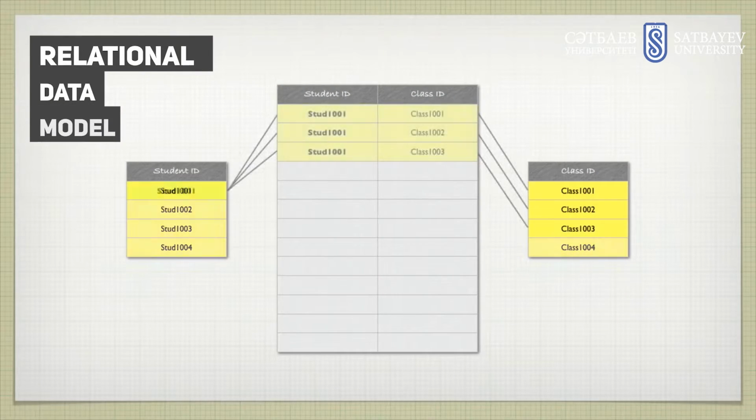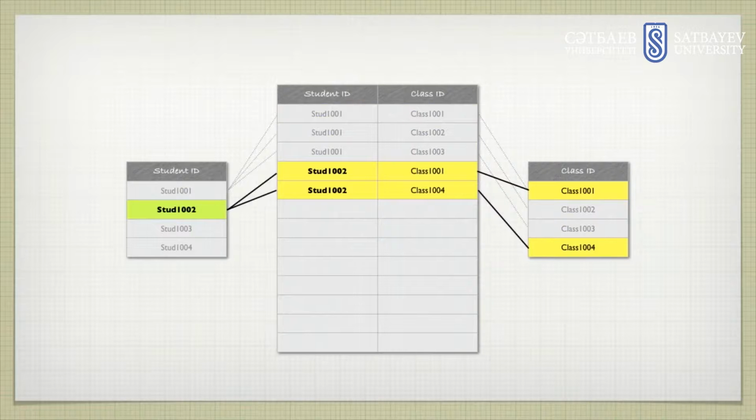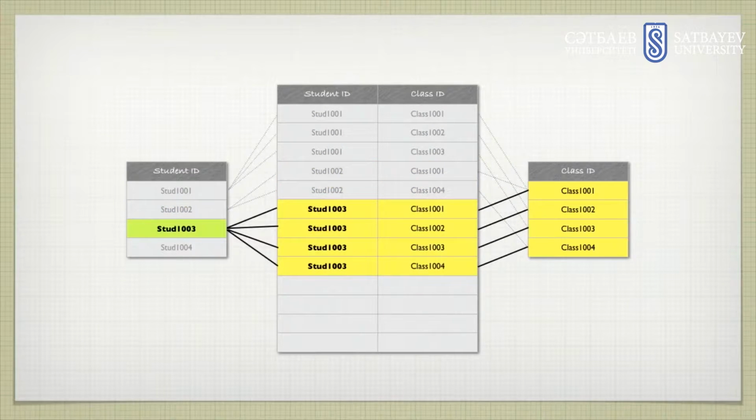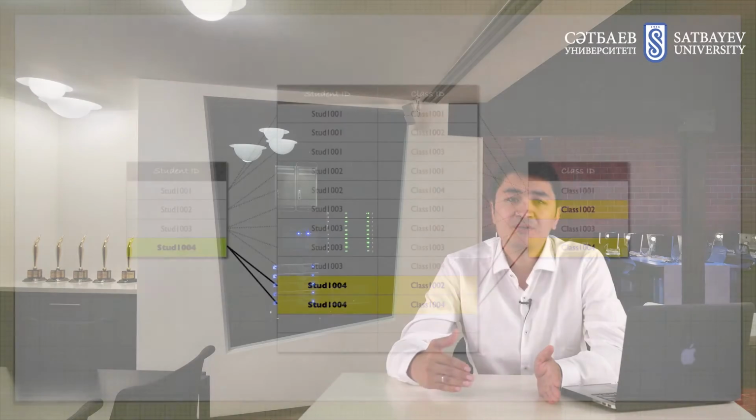The relational data model is typically represented as tables, and tables that have relations to each other, where a table can be perceived as a number of columns and rows, where columns represent the attributes of the entity and a row represents the entity itself.